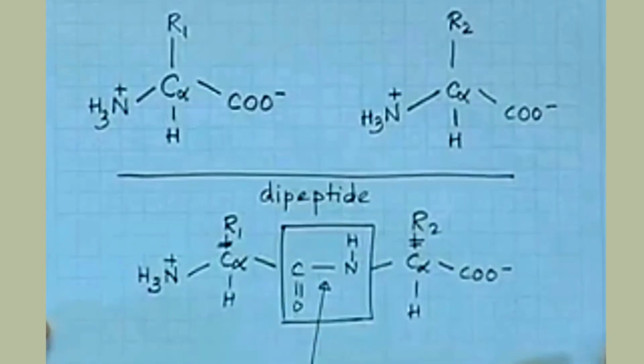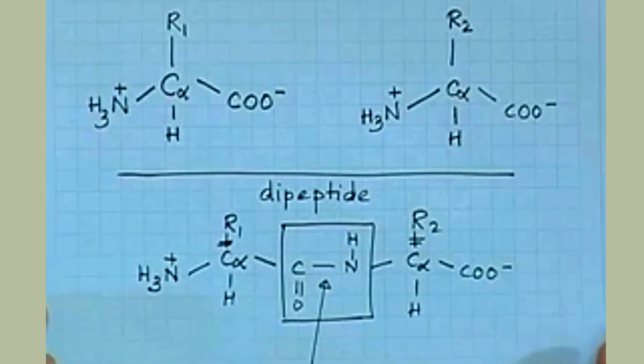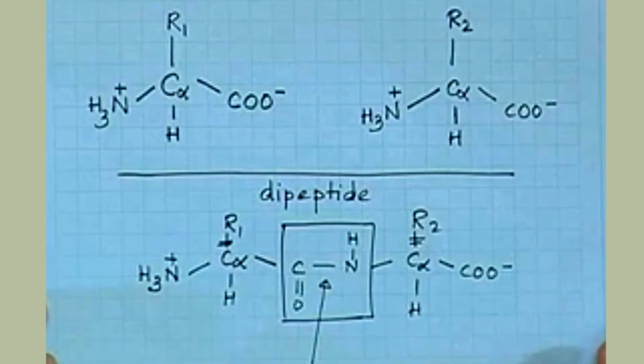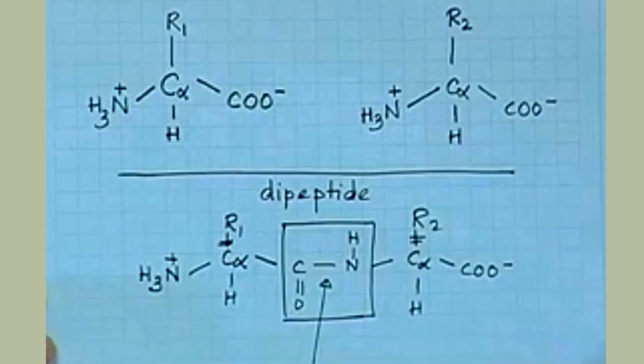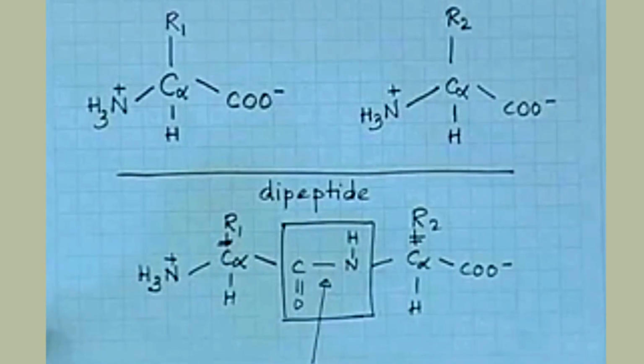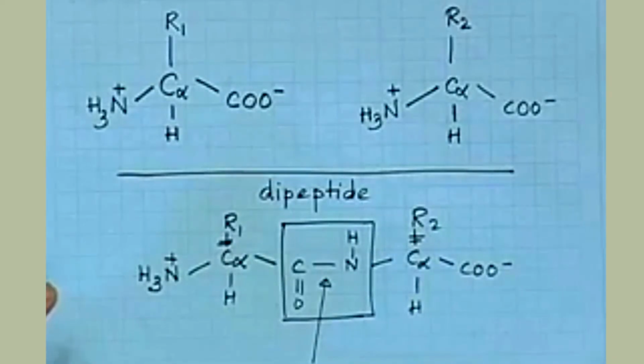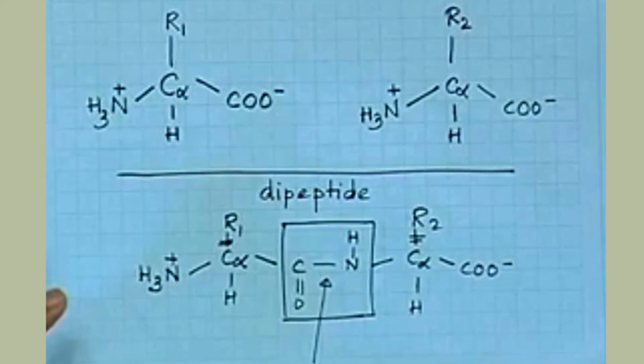Now, in a representation of a protein, it is not very convenient to keep on writing all the atoms together. We know that in the primary amino acid sequence, the building blocks are linked together by peptide bonds.